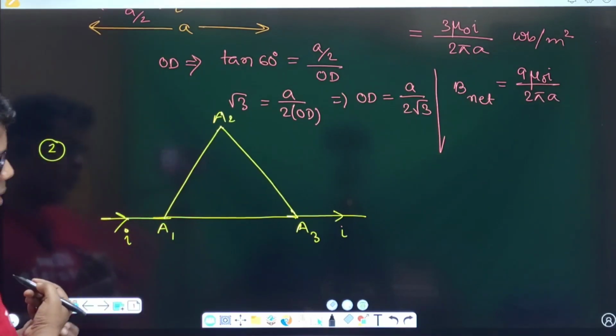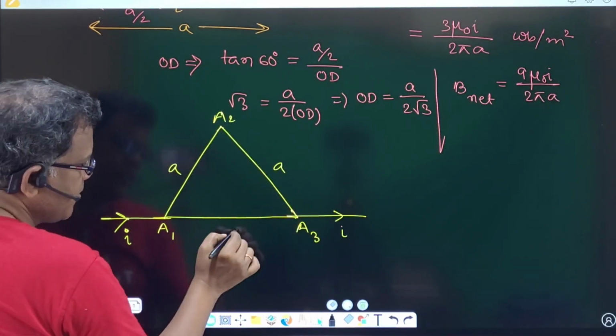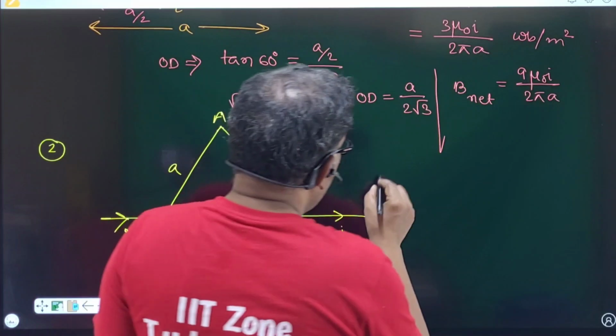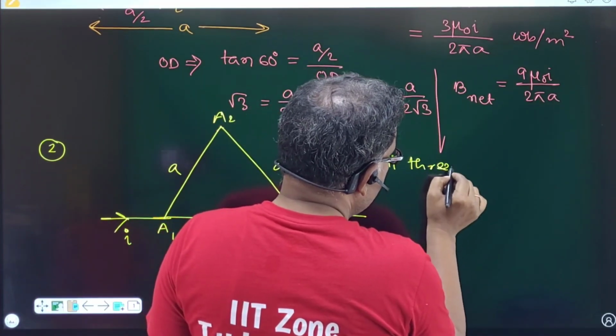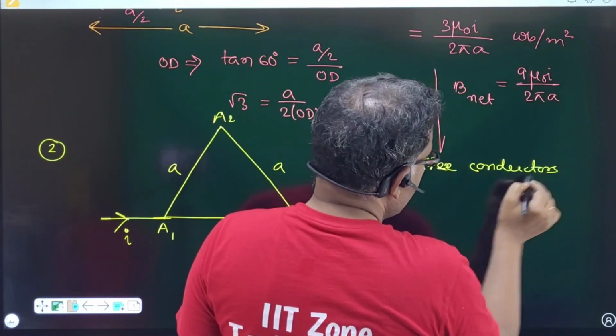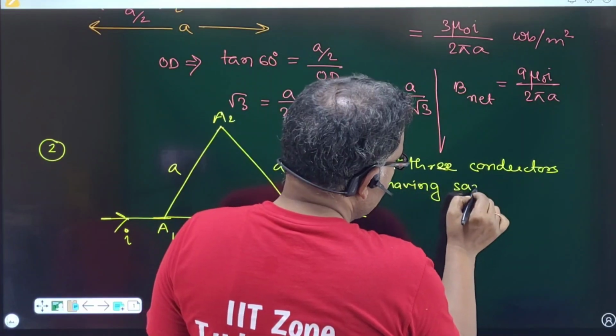All these 3 sides are of the same length A each, and all 3 conductors have the same resistance per unit length.